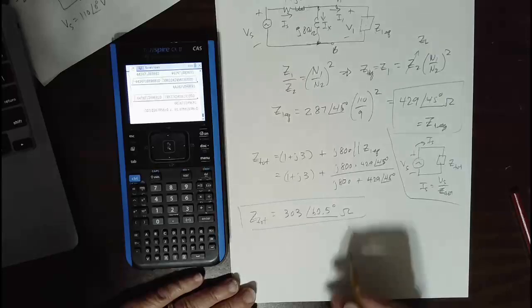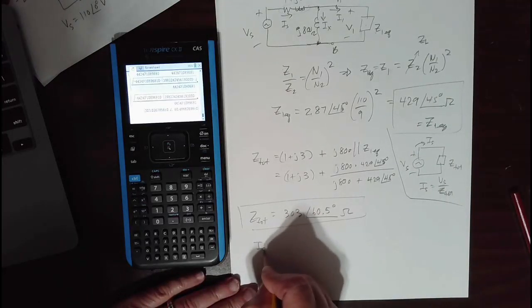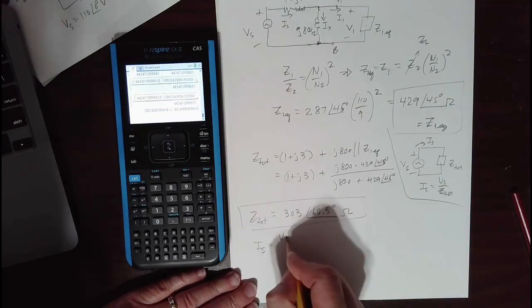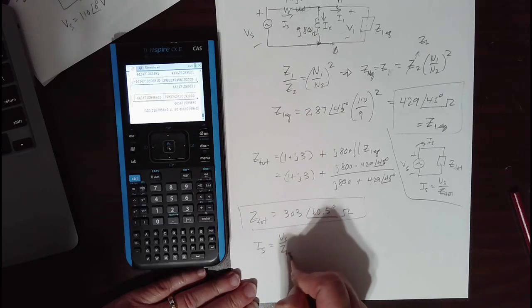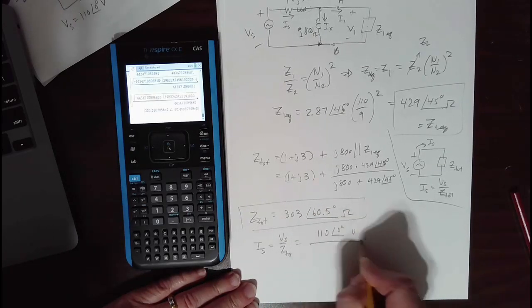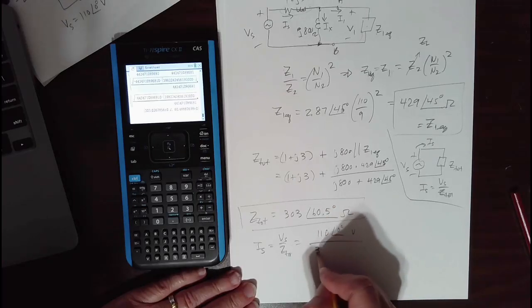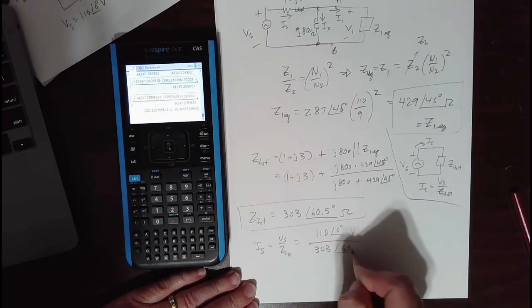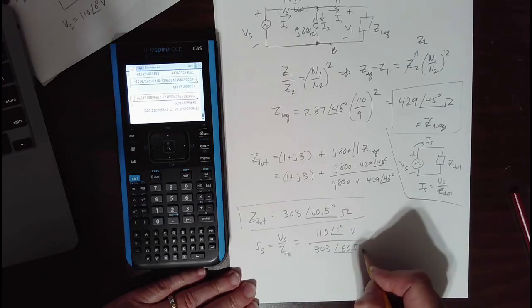So now we got Z total, so we can get IS. So IS, and we were given VS, so IS is VS over Z total. VS is, we said, 110 angle 0, and Z total 303 angle 60.5 ohms.